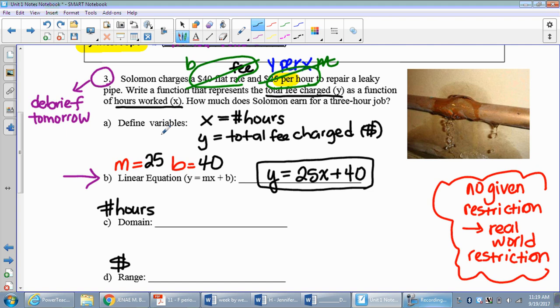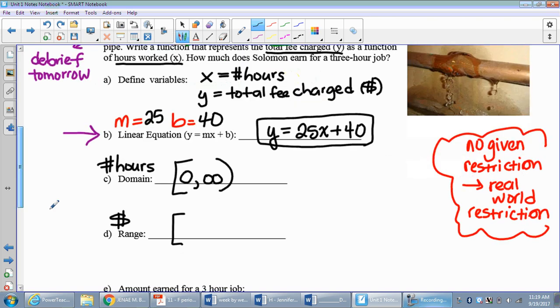We know that time can't be negative. So the smallest possible number of hours is 0 in the real world, and technically we have no limit on time. Same with money. There cannot be a negative cost to this job. The smallest possible value for money is 0 to infinity.